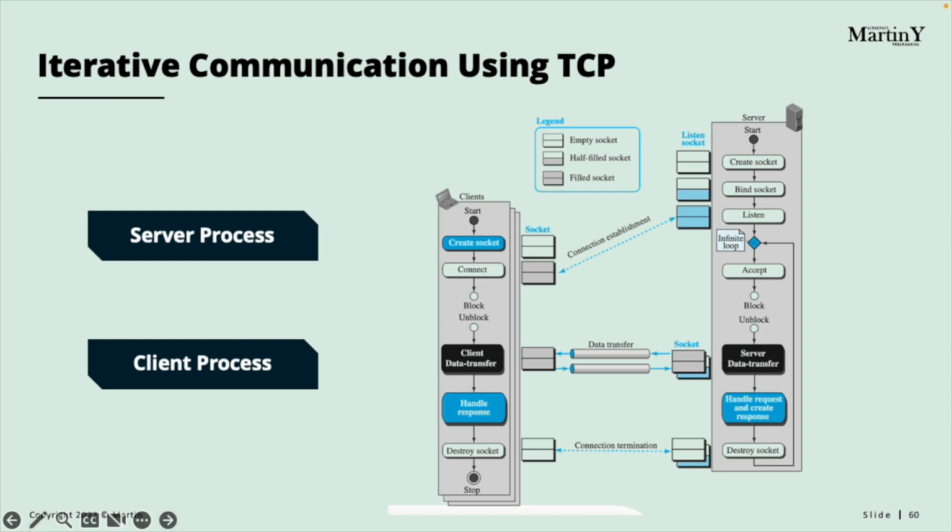Here, on the client side, things are pretty similar because we're using one socket, but on the server side, they're a little bit different. Here we create the listen socket. The socket that is responsible for the connection on the server side is called listen socket, and this socket always listens for connections.